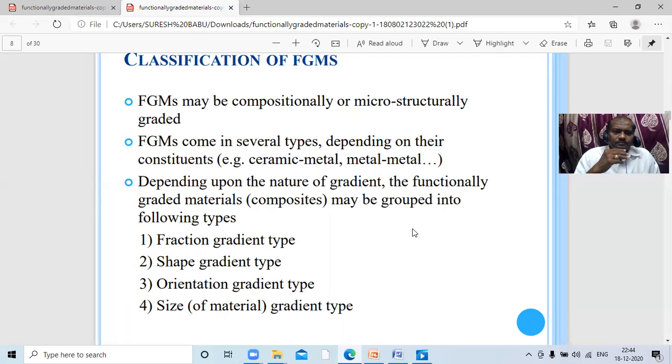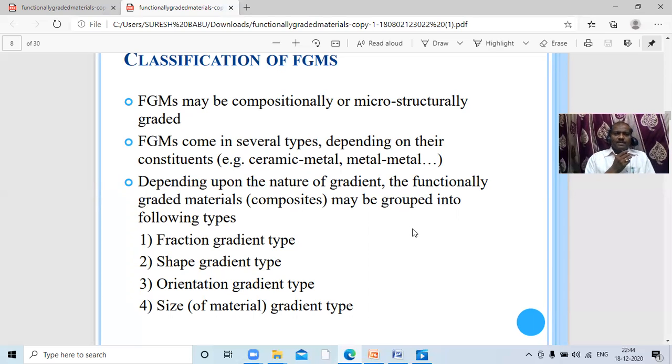Next, depending upon the nature of gradient, the functionally graded materials, that is composites, may be grouped into the following types: fraction gradient type, shape gradient type, orientation gradient type, size gradient type.